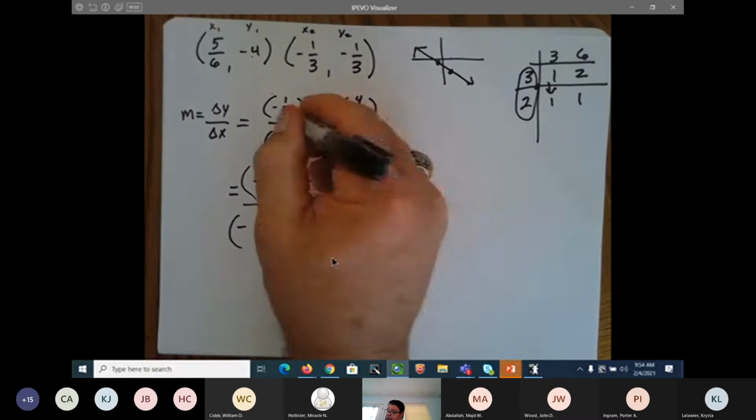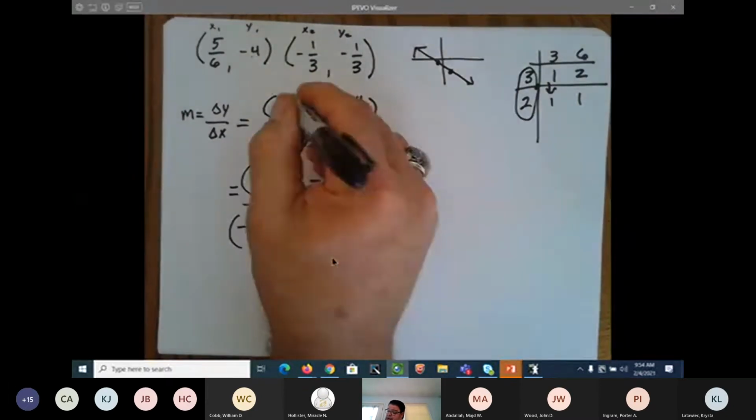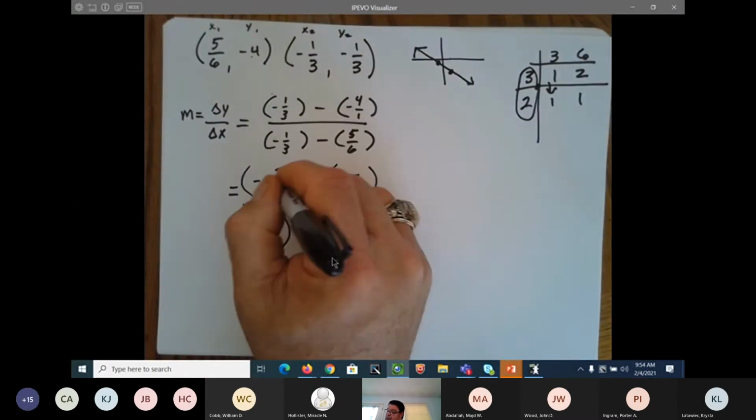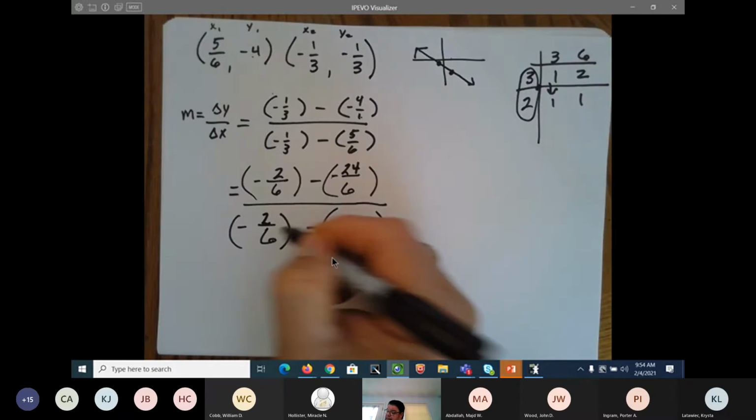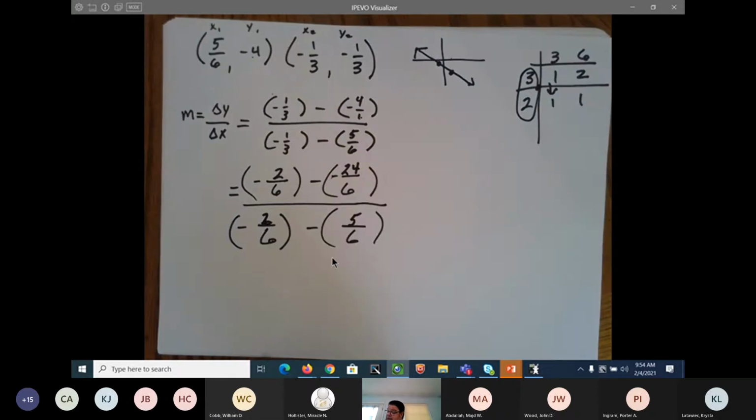So 3 will go into 6 2 times. 1 is 2. 1 will go into 6, 6 times 4 is 24. 3 will go into 6 2 times. 1 is 2. 6 will go into 6, 1 times 5 is 5. Okay. So this turns into a positive.